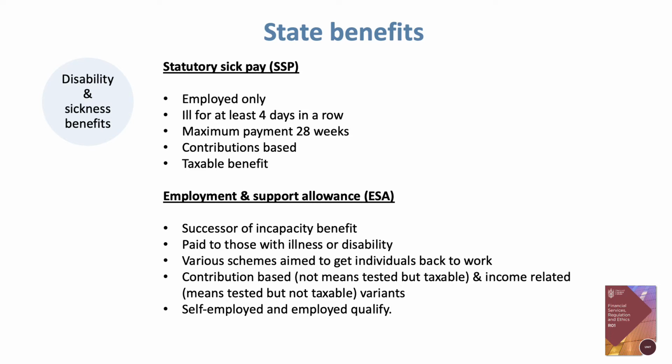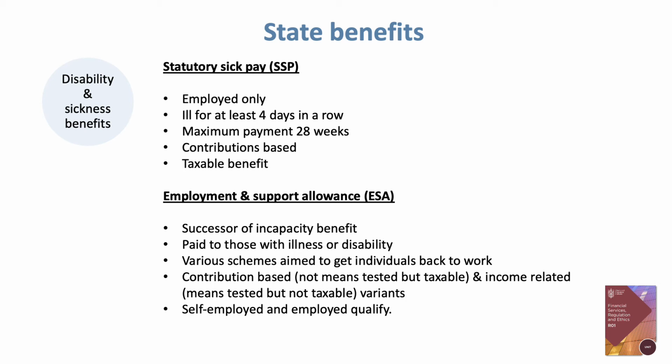Next up, disability and sickness benefits. And the first one we're going to look at is statutory sick pay. And statutory sick pay, under normal circumstances, is only payable to those employed. There are, as I speak this, certain concessions for the self-employed with SSP due to the COVID-19 situation, but that's not normal.